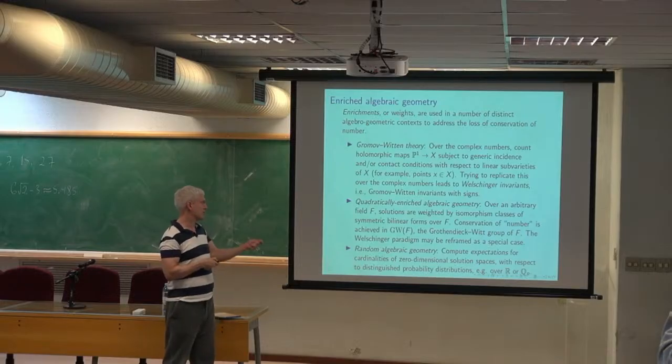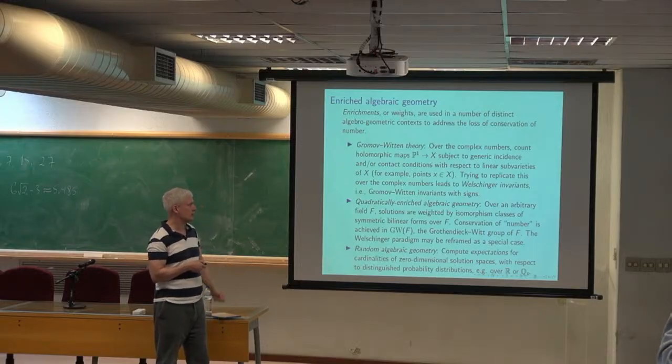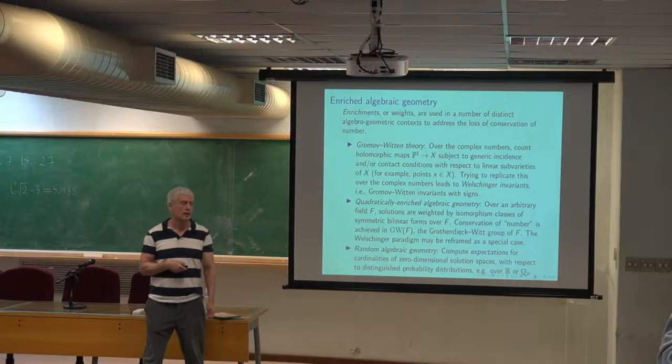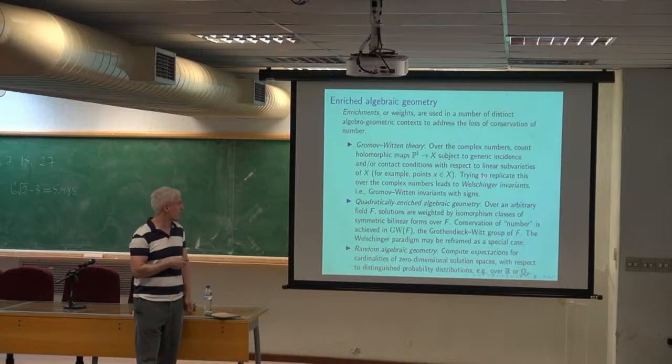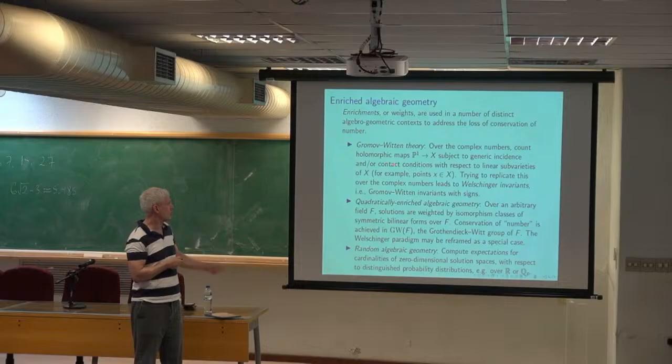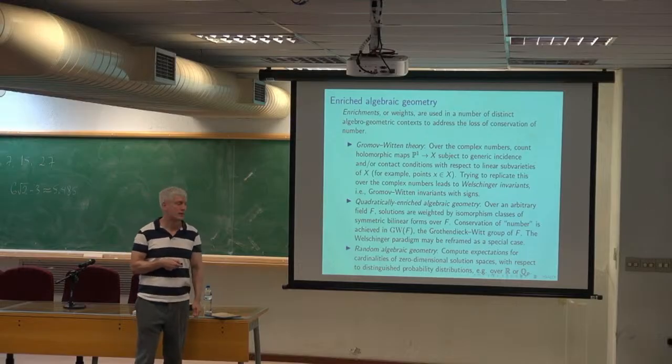Maybe the most famous example is counting the number of rational curves in a quintic threefold. And if you try to do the analogous count, I wrote complex numbers again, I meant the real numbers here. The real analog of the complex counts from Gromov-Witten theory are what are known as Welschinger invariants, which amount to Gromov-Witten invariants with signs.